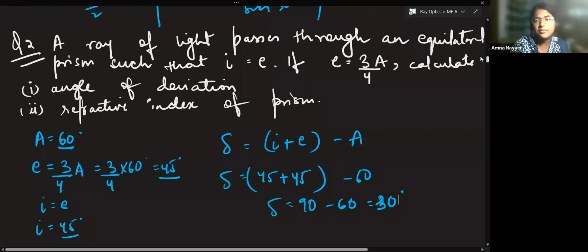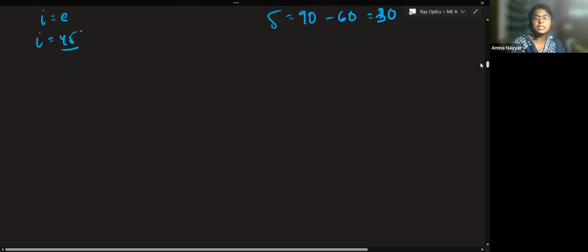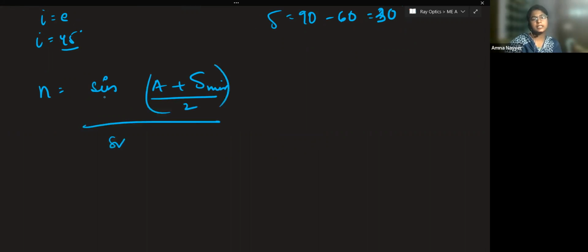The second part says refractive index of prism. For refractive index of prism, see, refractive index is directly given by sine of (A plus delta minimum) by 2 divided by sine A by 2.